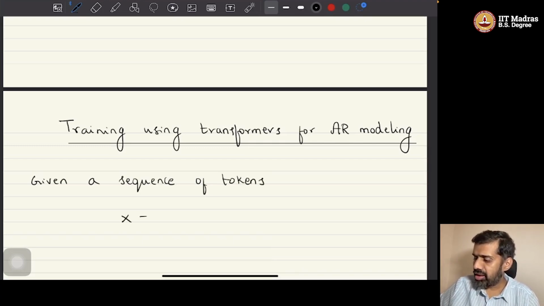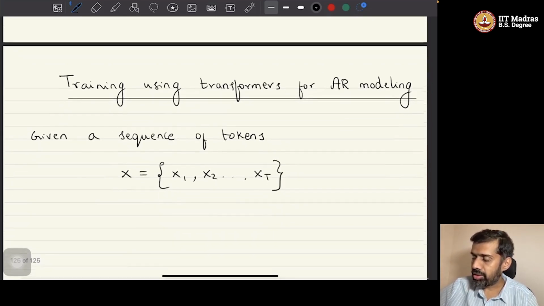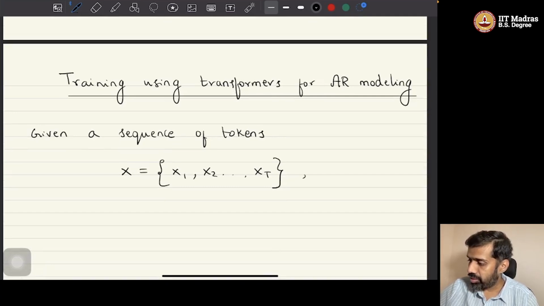As I said, we'll do this assuming that we only have one particular data point, and this can be extended to a data set by putting an outer expectation, as we know. This is x1, x2 up to capital X T, where T is the size of this particular sequence, and every xt is in vocabulary V.